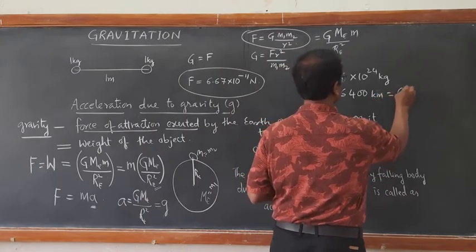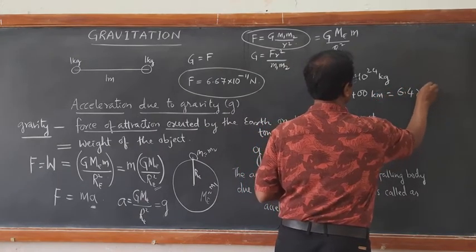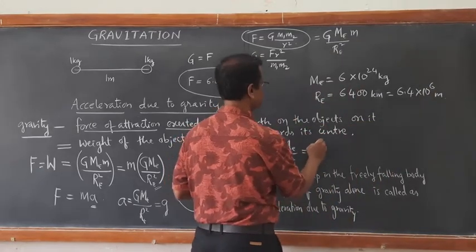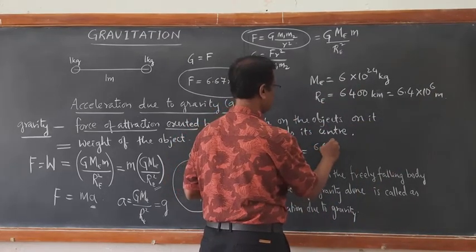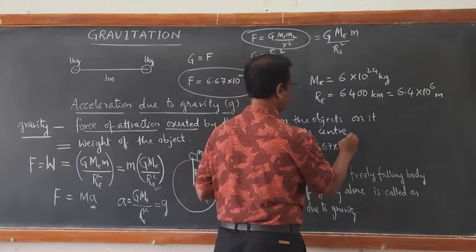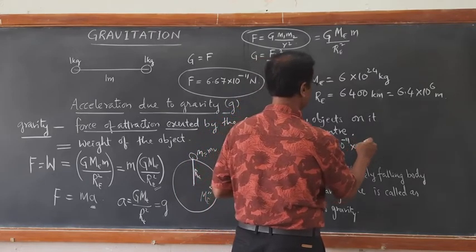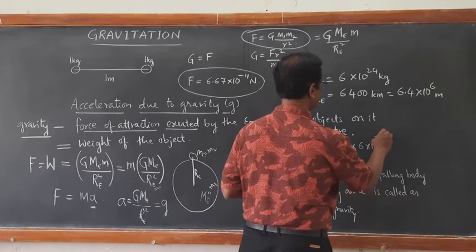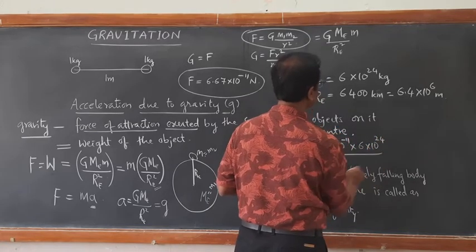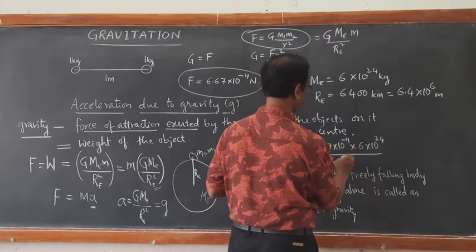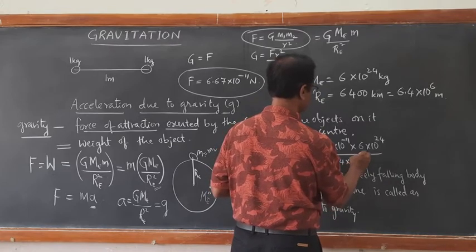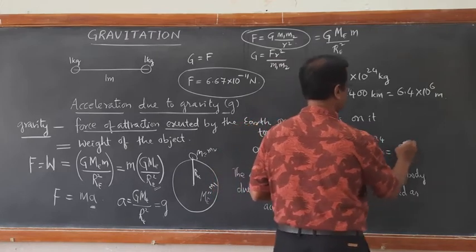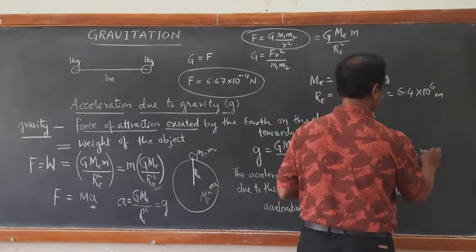So this can be written as 6.4 into 10 raised to 6 meter. So if you substitute this, 6.67 into 10 to the power of minus 11 into 6 into 10 to the power of 24 divided by 6.4 into 10 raised to 6 whole square. If you calculate this, you get 9.8 meter per second square.